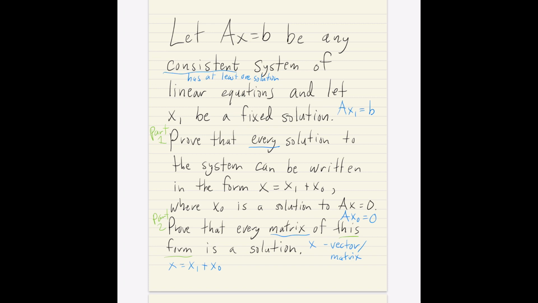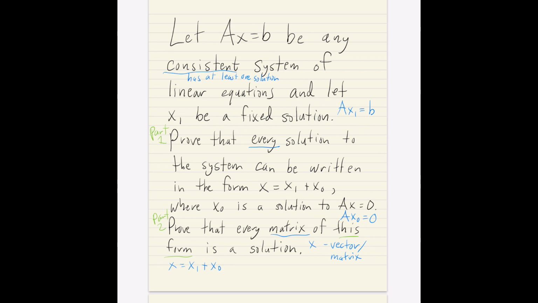In part one, we're going to give a solution. It says that every solution, but we have a solution. Let's say Ax equals b. So we have a solution x. And then we have to show that that solution can be written as x1 plus x naught. So that's part one.